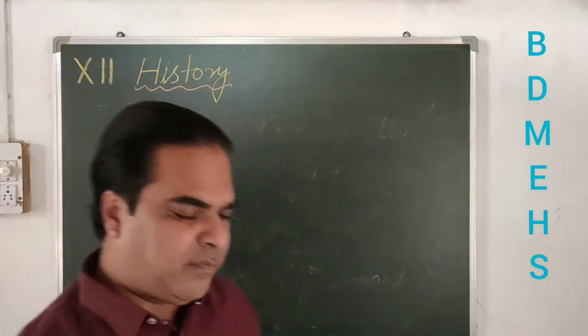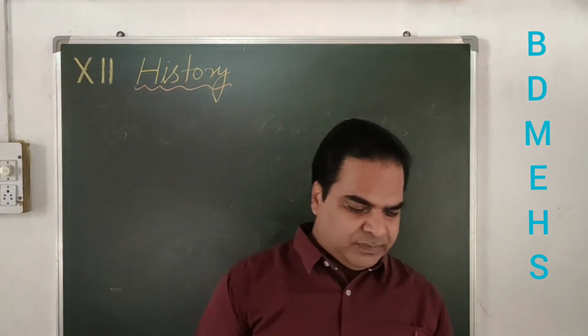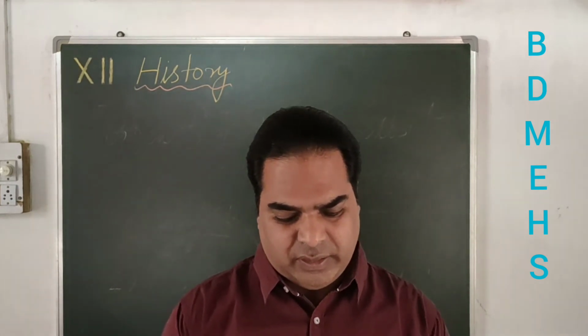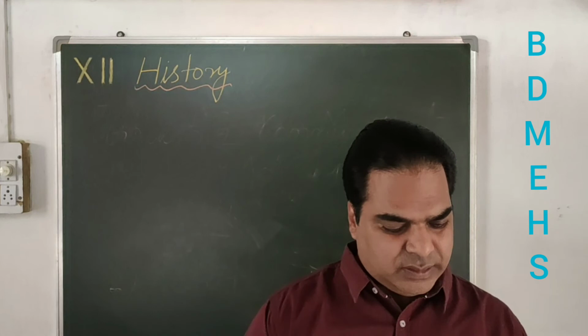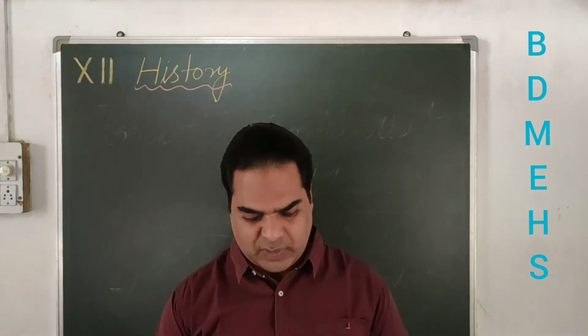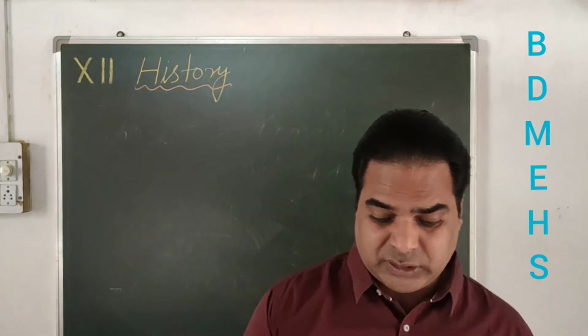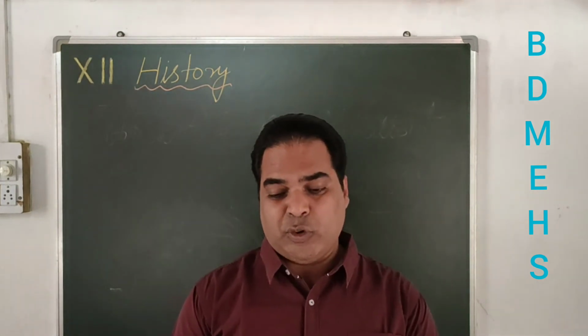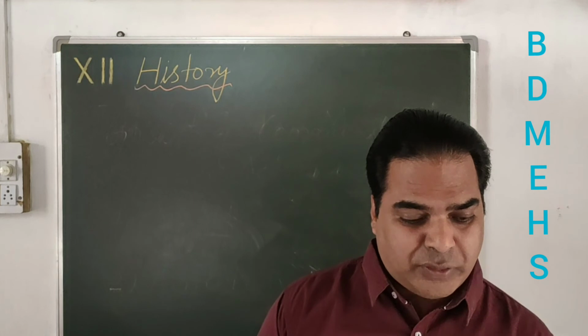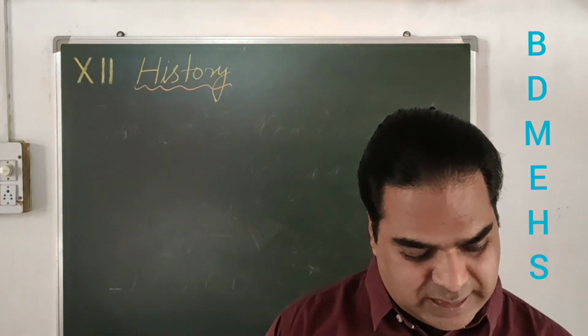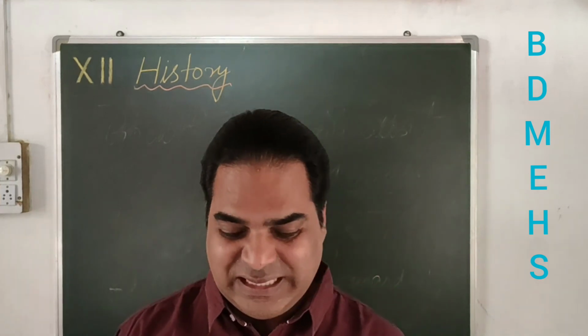So once again, a recap of this chapter: we discussed the growth of socialist ideas, Jawaharlal Nehru's inclination towards socialism, Subhash Chandra Bose, Congress Socialists, the difference between Congress Socialists and Communists, and trade union activities.